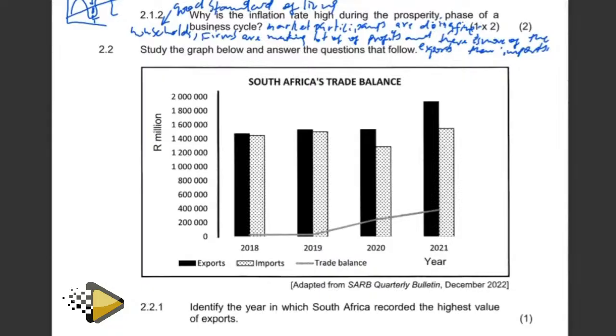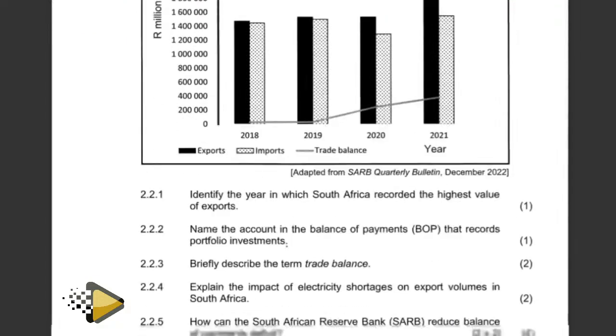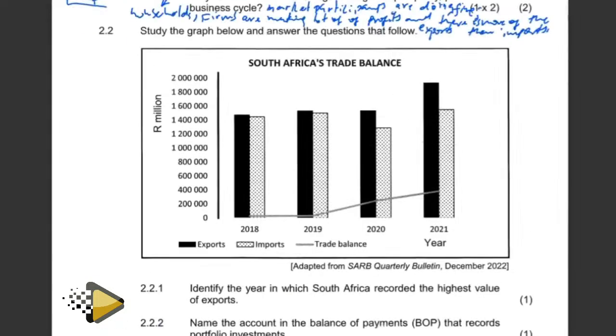The next question that we have is 2.2, and 2.2 reads as follows. Study the graph below and answer the questions that follow. So grade 12, the moment you are given a diagram like this under economics, you should always make sure that you identify yourself with the concepts given, and also make sure that you understand the axes given.